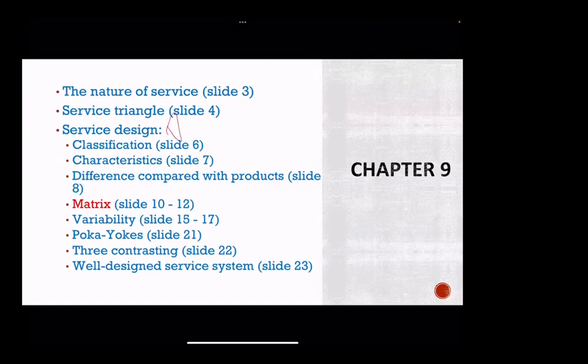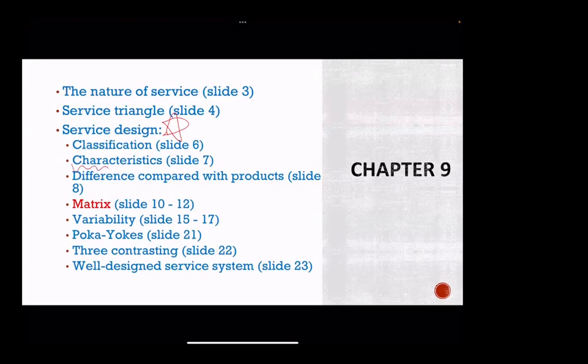And the most important thing here, most of the problems of chapter 9 come from the service design. So the first thing you need to review is the classification, how we classify the service. We consider several factors like the customer contact and others.